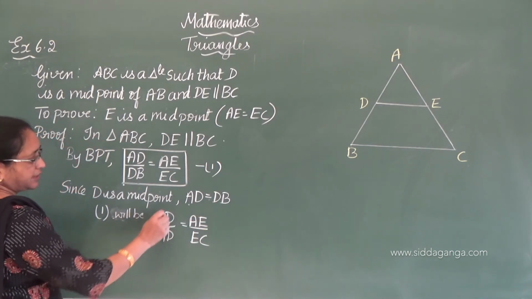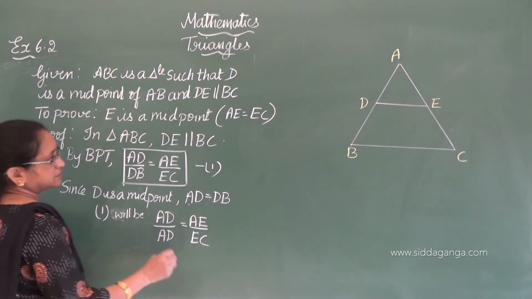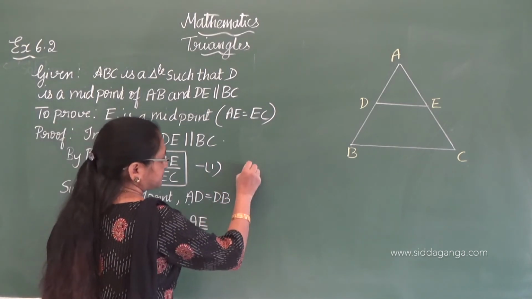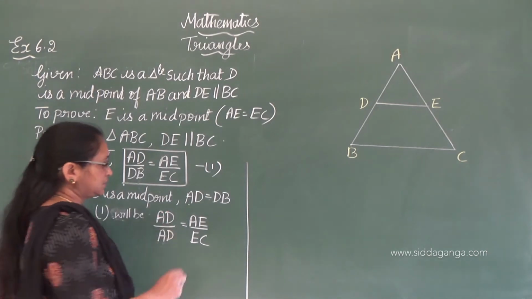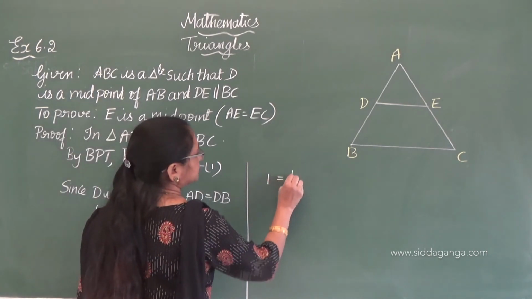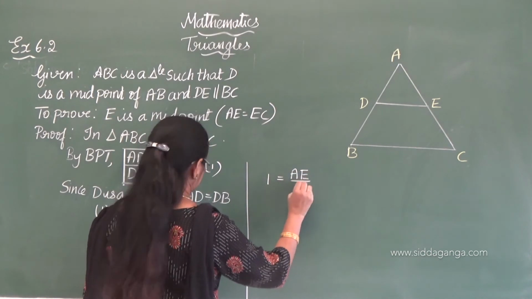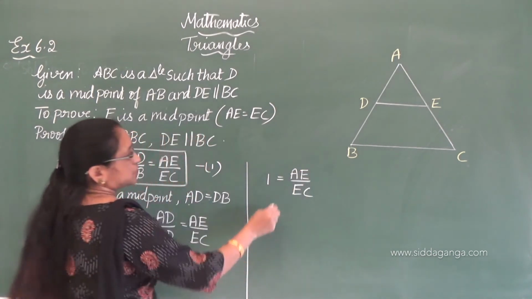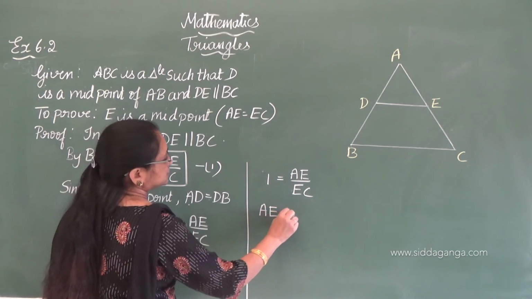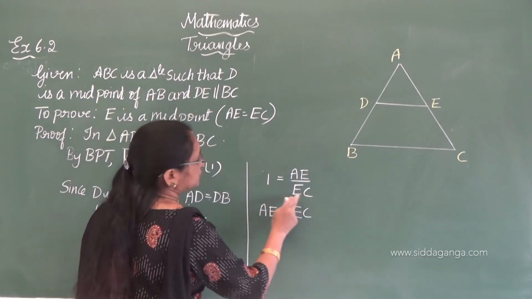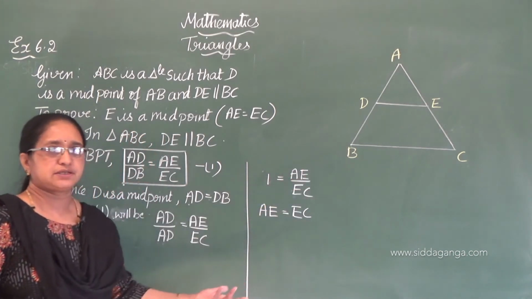Now here AD by AD gives 1. So AD gets cancelled, giving you 1 is equal to AE by EC. Just cross multiply. So you will get AE is equal to EC, or EC is equal to AE, anything.